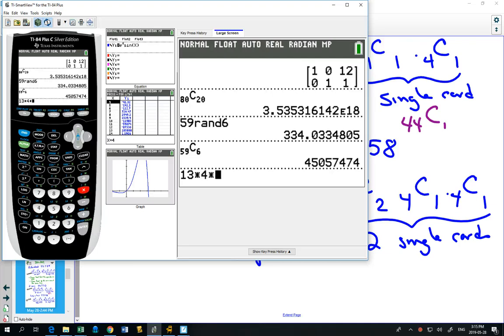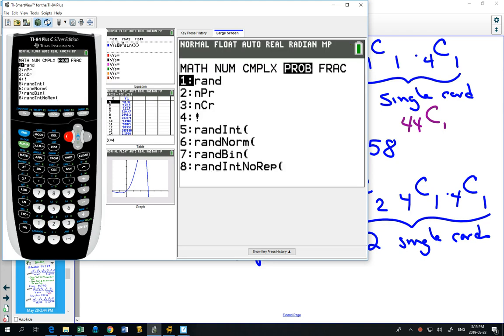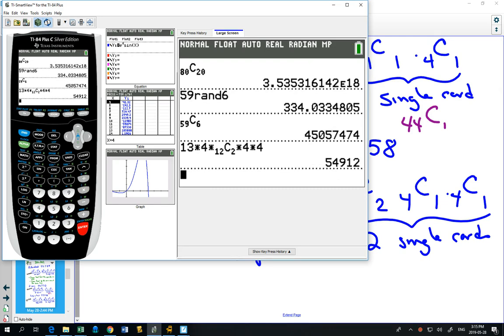But then when I get to 12 choose 2, I might hit the math button, go over to probability, choose nCr, 12 choose 2, and then times 4 times 4. And get 54,912.